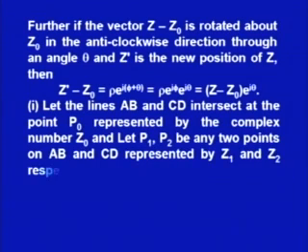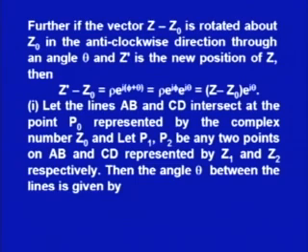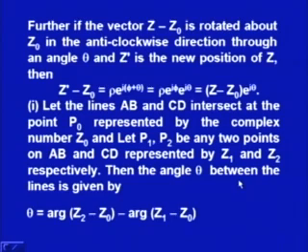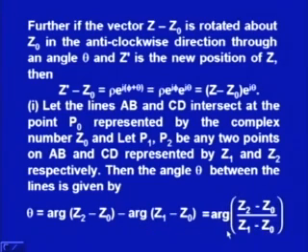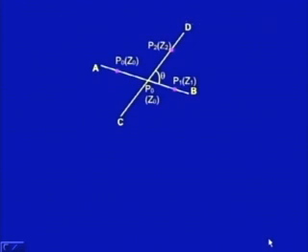If the lines AB and CD intersect at the point z0 represented by the complex number z0, and if P1 and P2 are any two points on AB and CD represented by z1 and z2 respectively, then the angle theta between the lines is given by argument (z2 minus z0) minus argument (z1 minus z0), equal to argument of (z2 minus z0) by (z1 minus z0).